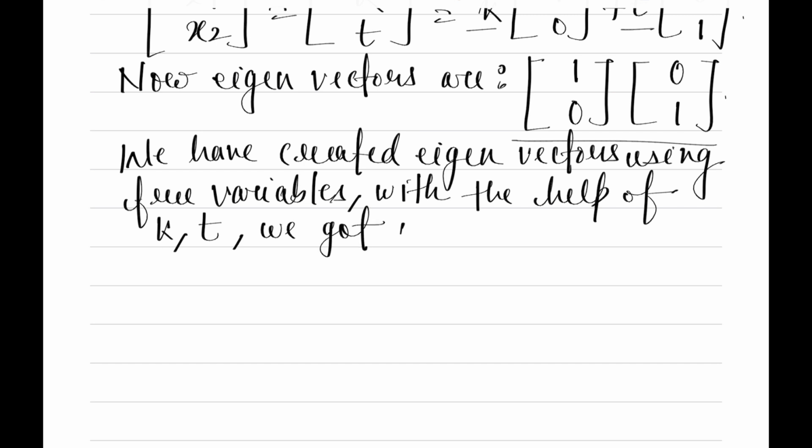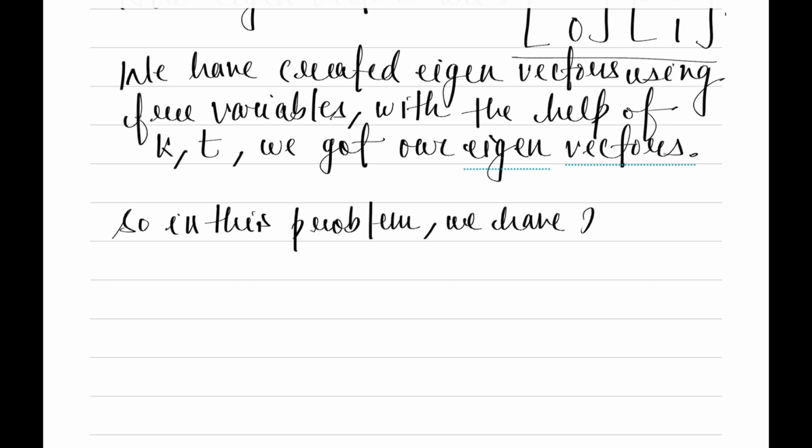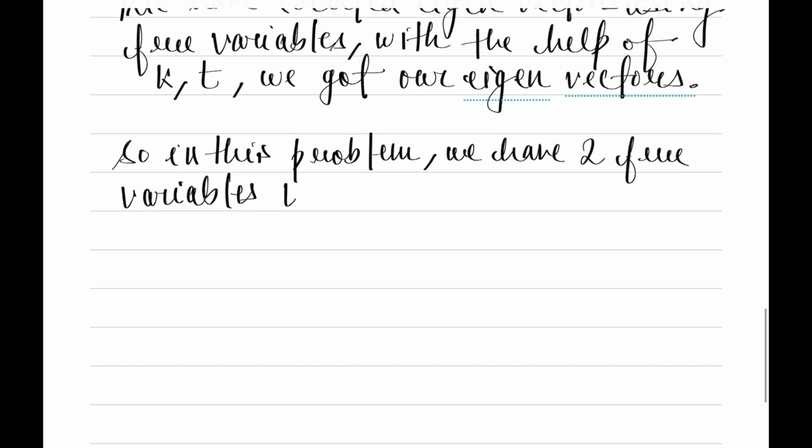We got our eigenvectors. So in this problem we have two free variables, which are t and k. So we got two independent eigenvectors.